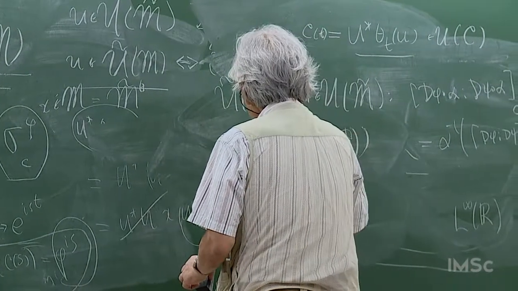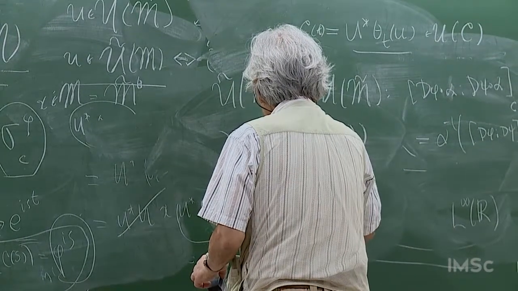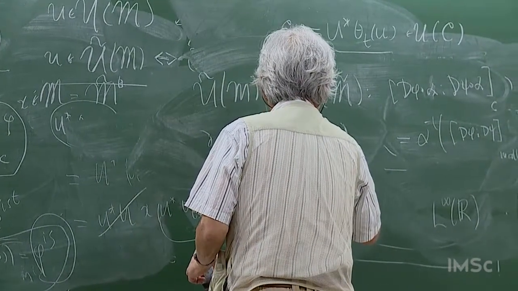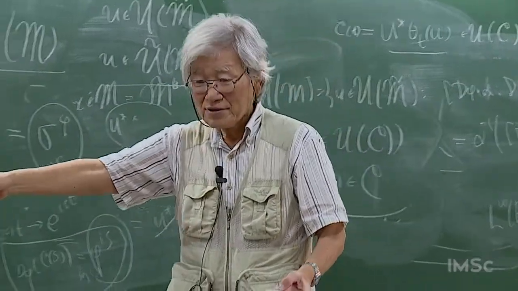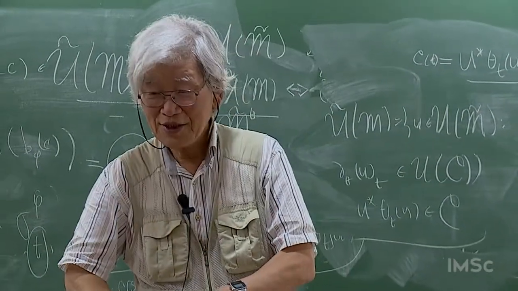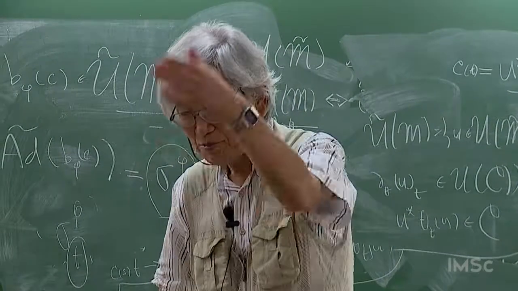In other words, U star theta T of U belongs to the center. And that is exactly what happens, when independent of P.